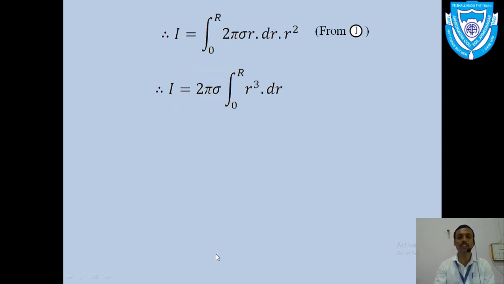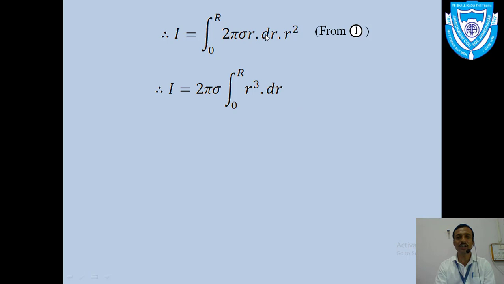So the equation becomes I is equal to integral of 2 pi sigma r into dr into r square. Here from equation 1 जी आपली dm ची व्हॅल्यू आहे ती मी या ठिकाणी पुट केलेली आहे. r square into r here becomes r cube dr as it is.